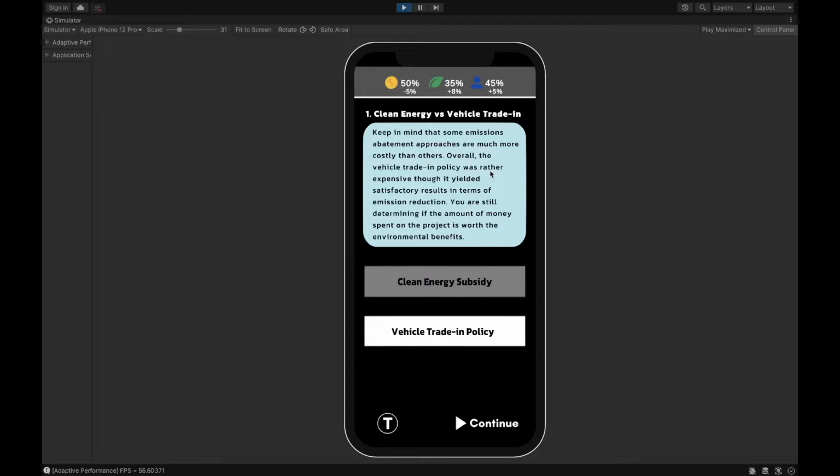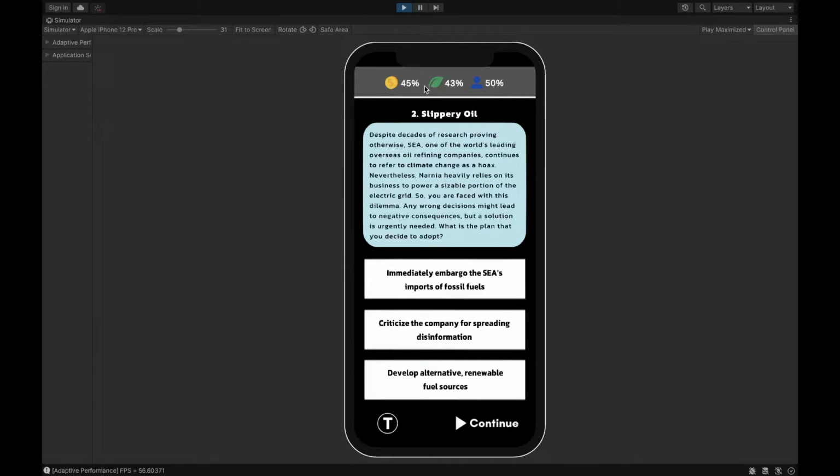And overall, the vehicle trading policy was rather expensive, though it yielded satisfactory results in terms of emissions reduction. You are still determining if the money spent on the project is worth the environmental benefits. If we continue, you'll notice the scores changed accordingly. So economic went down to 45, environment went to 43, and then society went up to 50.